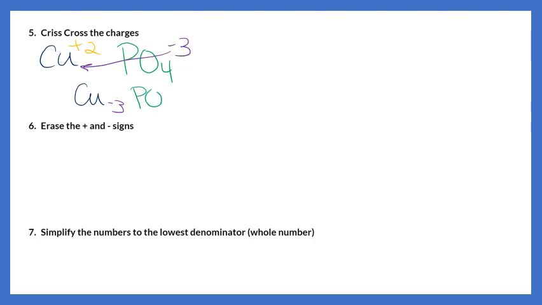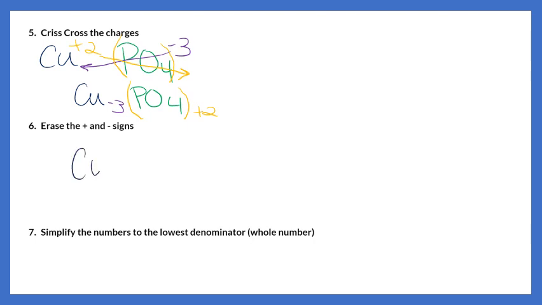And our PO4, the +2 crisscrosses to the outside of the PO4. So we'll put the PO4 in parentheses and put the +2 on the outside. Awesome. Step 6 says to erase the signs, the plus and minus signs.